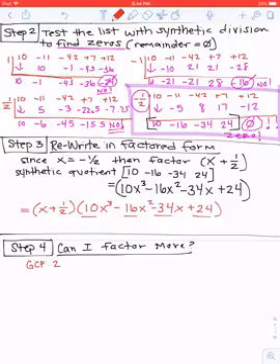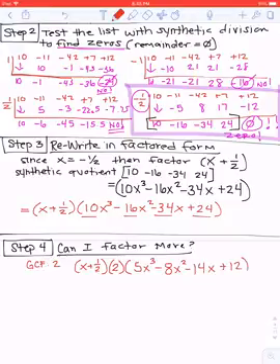So I can take this as x plus 1/2, factor out that 2, and this becomes 5x cubed minus 8x squared minus 14x plus 12.